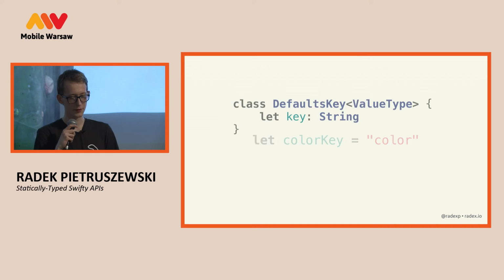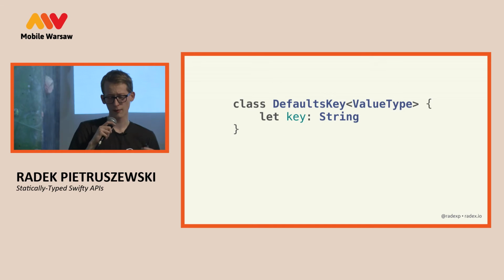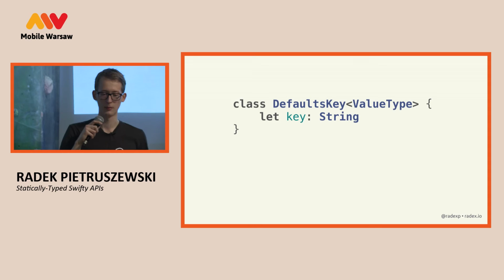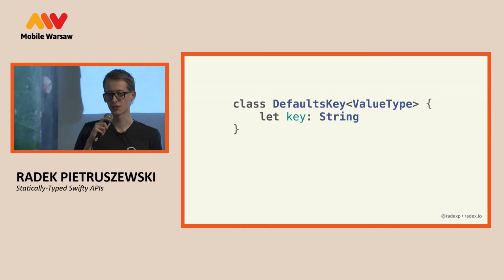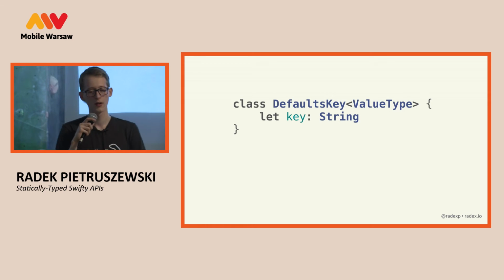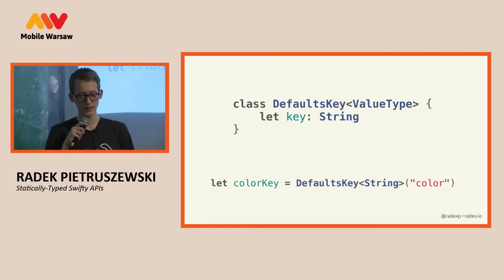So I figured this out. If I make a class that just wraps around a string, the key of my user default, but add a type parameter, the value type, right? And it's not actually a generic class, it's just a phantom type. It's just there, it doesn't do anything, right? But what it allows me to do is to create this.